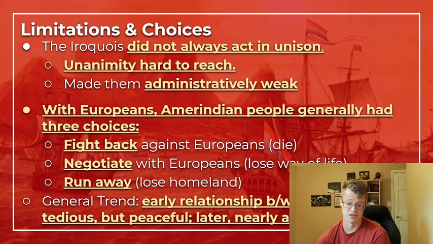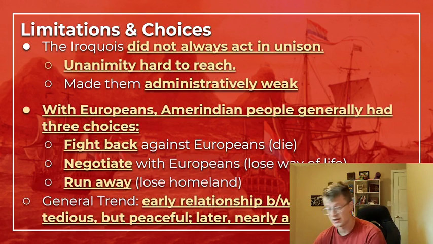The first one is you fight back against Europeans, and ultimately, if you fight back to the very end, you die, because when Europeans start coming, they simply do not stop. The second option is you negotiate with Europeans, as the Iroquois did. They were very good at allying with some and becoming enemies of others.